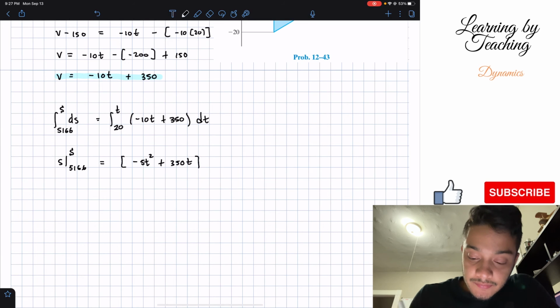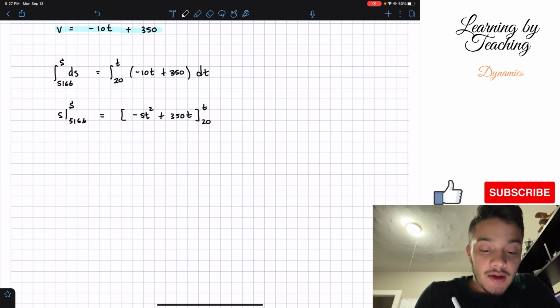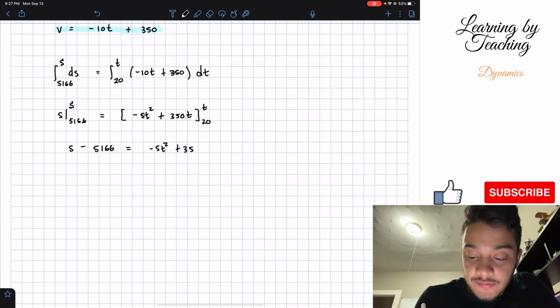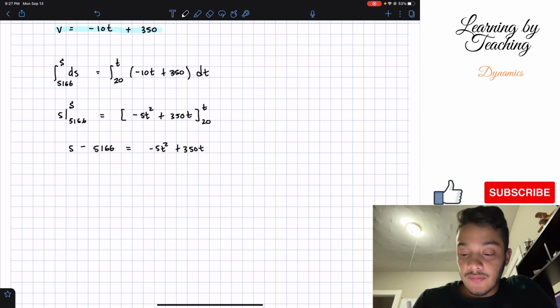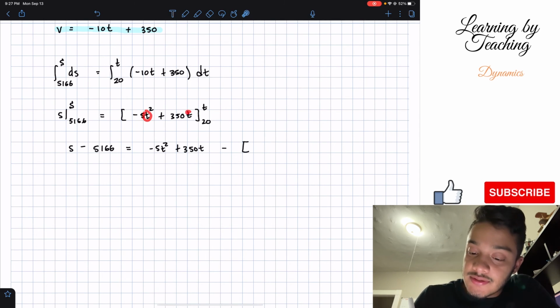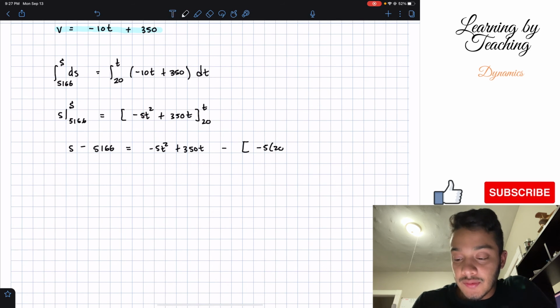So coming back to our problem, we're going to evaluate from 20 all the way to our final t, and we have that our position minus 5166 has to be equal to -5t squared plus 350t, because we're replacing t's for this t, and then we're gonna have minus, and I'm gonna open a big bracket. We're gonna replace our t's for this 20 in here. We're gonna have -5 multiplied by 20 squared plus 350 multiplied by 20.